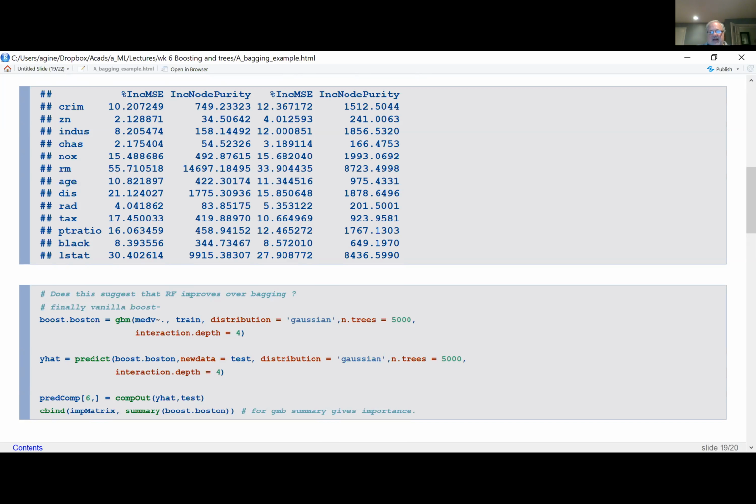But if it was from 250 to 500 or even 5,000 or 10,000, it would be very, very bad luck if you overfit. And you can overcome this bad luck very simply by just rerunning the whole process of producing 10,000 trees a few times. For example, it takes almost no time to run 5,000 trees.